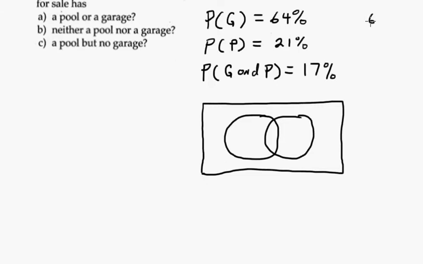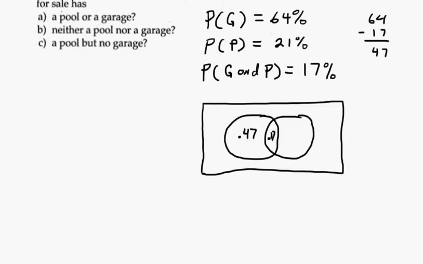So I'm going to have to subtract off 17 and I'm going to get 47. So I'm going to go with decimals here, 0.47, and it's going to be a little tight, but this would be 17. So 17 and 47.